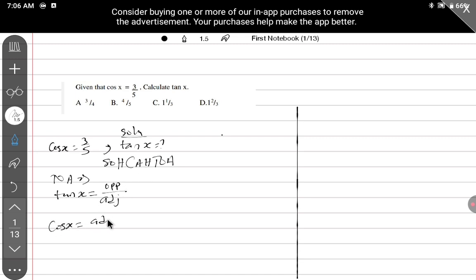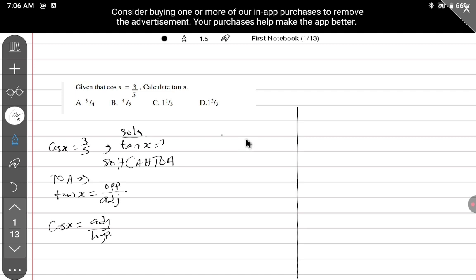How do you get your adjacent, and how do you get your opposite? In this case, we have our adjacent to be equal to 3, and our hypotenuse to be equal to 5. So let me analyze it with a right angle triangle to make it more clear.